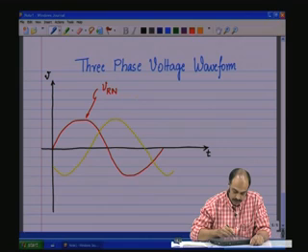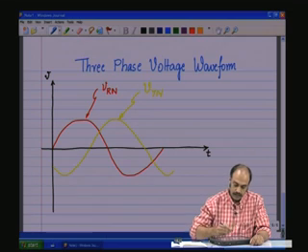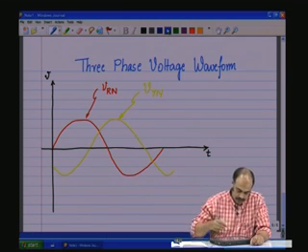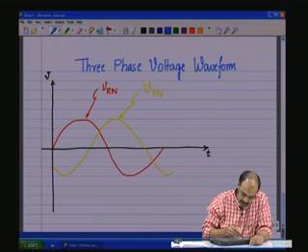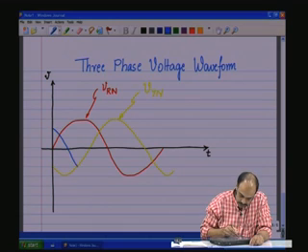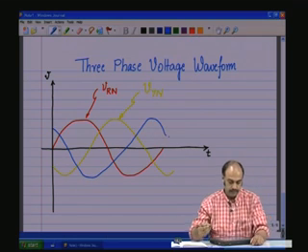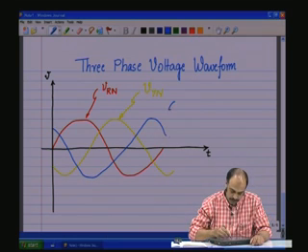So, this is V Y N, and then I am going to choose the blue for the other waveform, that is the B waveform, and that looks like this. Okay. This is V B N.